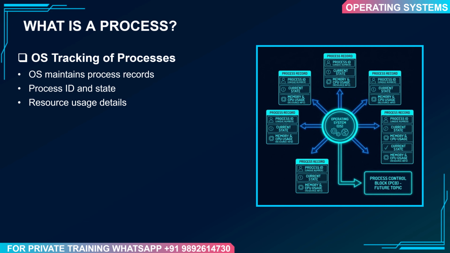Now, let us talk briefly about how the operating system keeps track of processes. Internally, the OS maintains records for each process. This record contains details like the process ID, which is a unique number given to each process, its current state, and information about memory and CPU usage. We will explore this structure later when we discuss the process control block. For now, just remember that the OS always knows which processes exist and what they are doing.